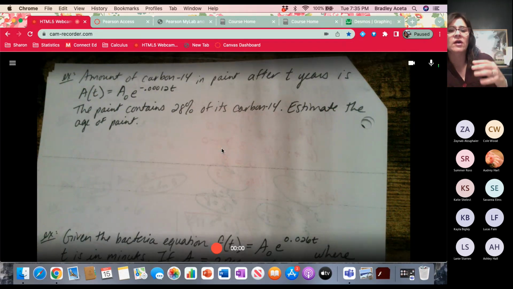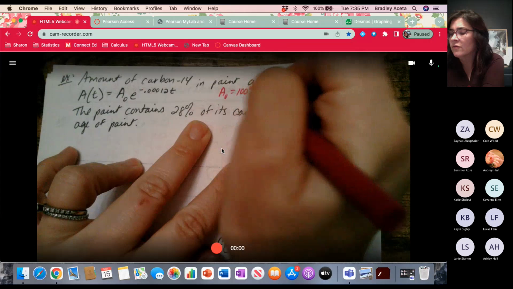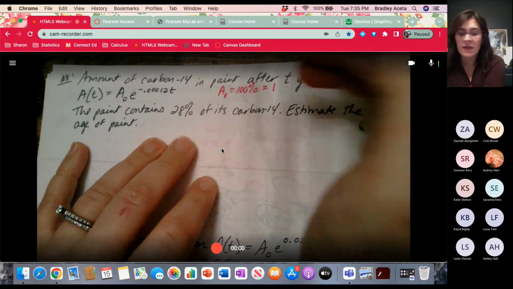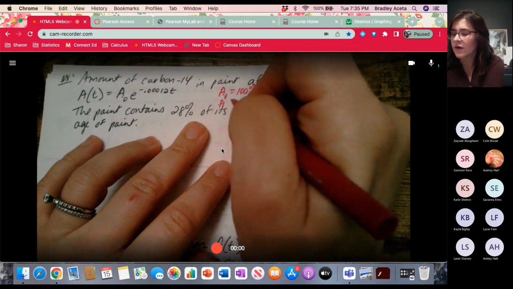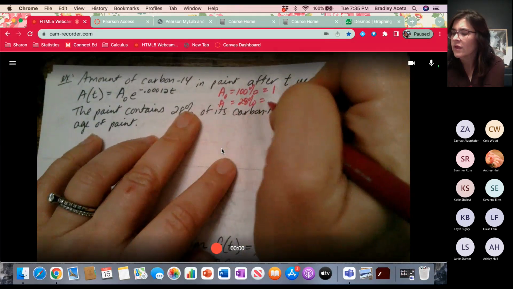We don't know, but we can call it. Now the paint contains only 28% of its carbon-14. So the initial amount was 100% of whatever we had, or 1. And now, after so many T years, we're at 28%. Well, 28, oops, or 0.28.